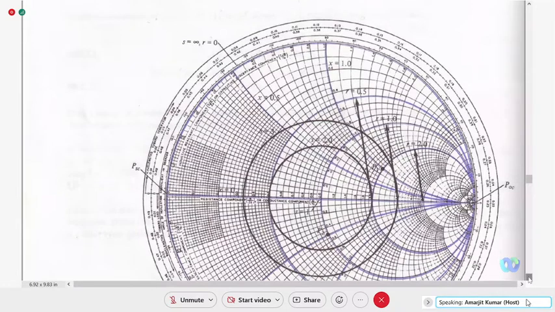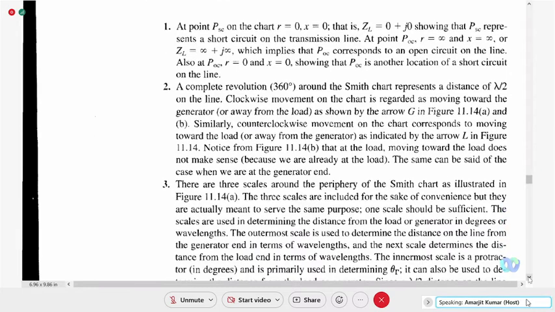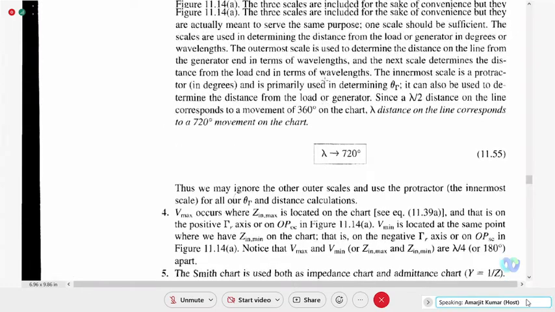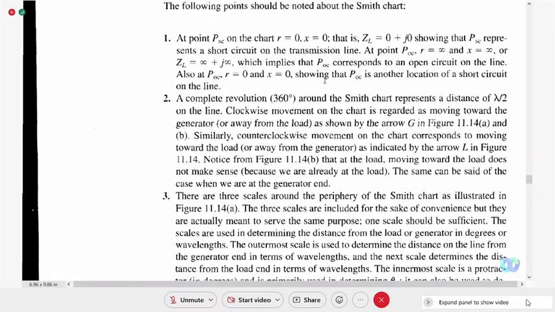If lambda by 2 corresponds to 360 degrees, then lambda corresponds to 720 degrees. So a complete revolution represents a distance of lambda by 2 on the transmission line.